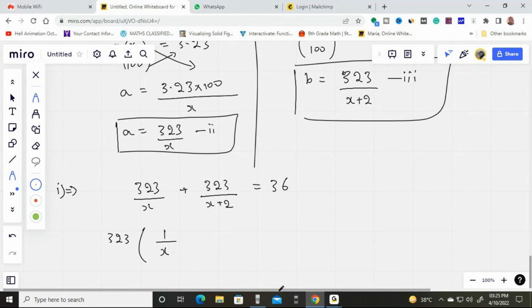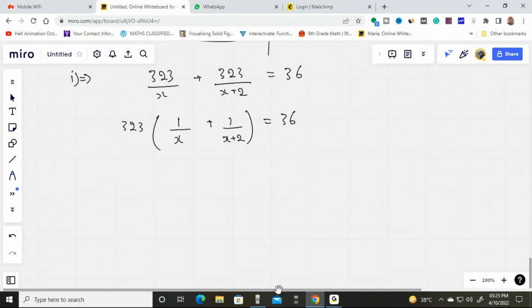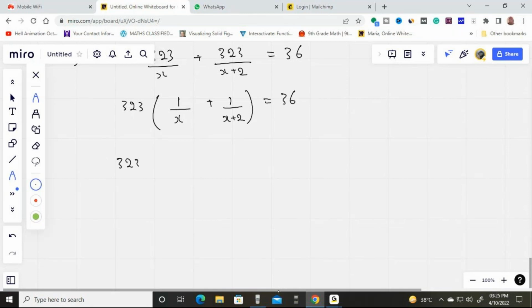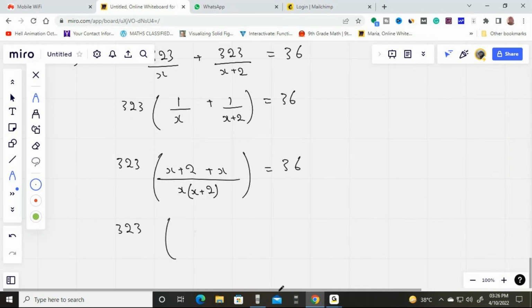Then I'm going to take my conventional LCM work, and I'm getting the LCM as x times x plus 2. So it is giving me x plus 2 plus x equals 36. Got it? So I'm now getting 323 times 2x plus 2 upon x squared plus 2x equals 36.